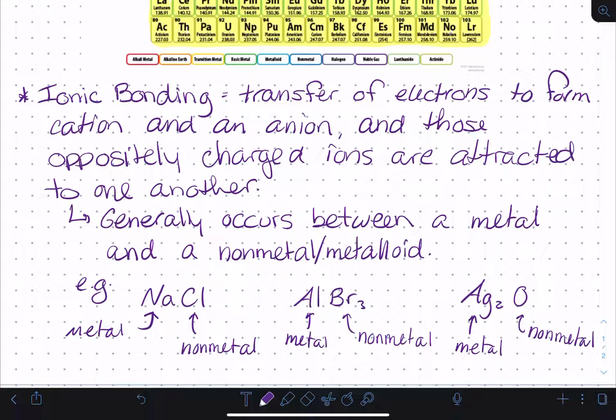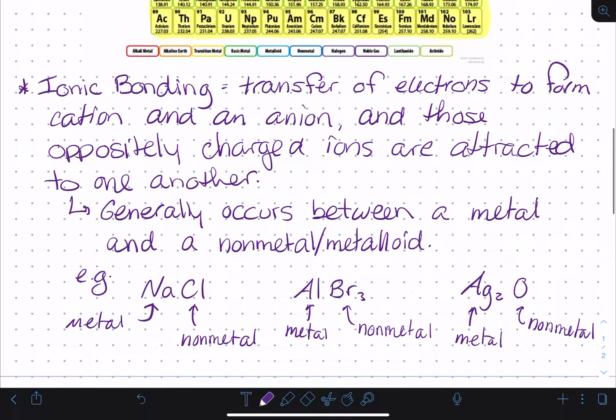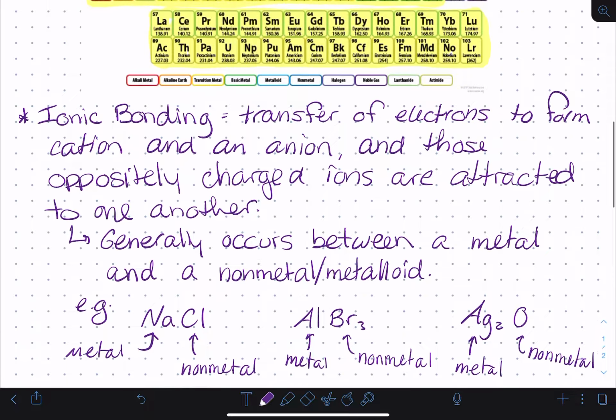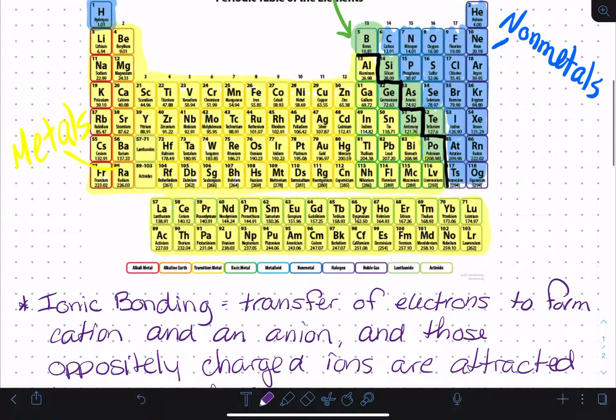So we can see that in each of these compounds we have one metal, one nonmetal. That's how we can tell that ionic bonding is likely what's going on here, just by looking at what elements are involved in order to determine that. So figuring out where they are on the periodic table. Sodium is over here in the metals, aluminum was here, silver is here, so those were all metallic. And then we had chlorine, bromine, and oxygen as our nonmetals from those three different compounds.